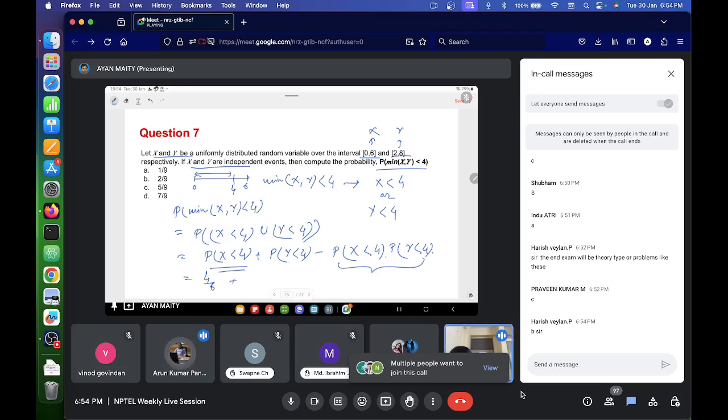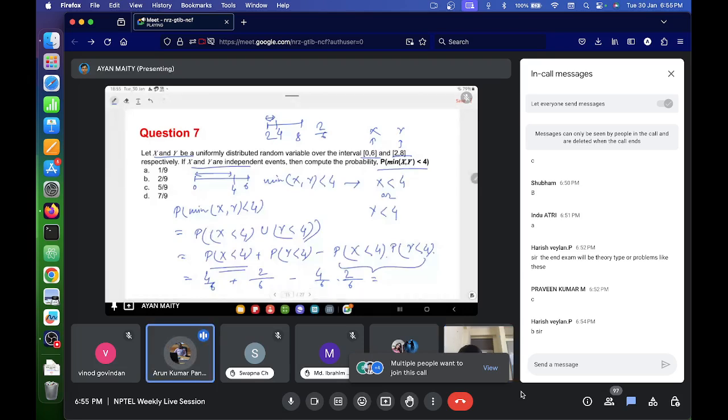Similarly, y is uniformly distributed from 2 to 8, and the probability that it is less than 4 is 2 by 6. So probability of y less than 4 is 2 by 6, minus now the product of these two probabilities, 4 by 6 into 2 by 6.